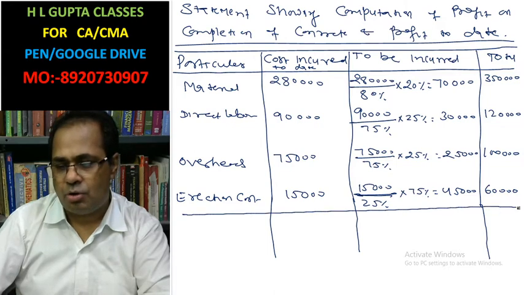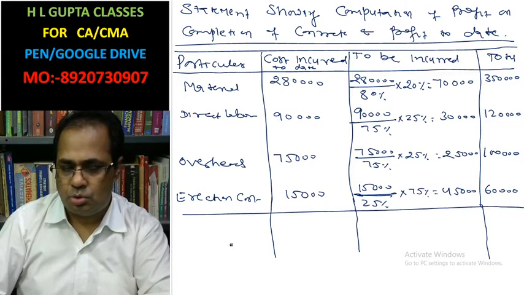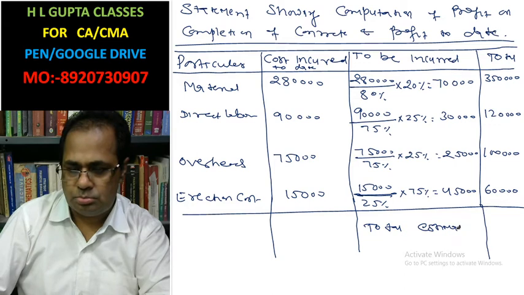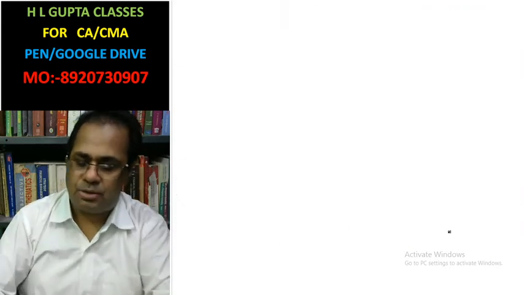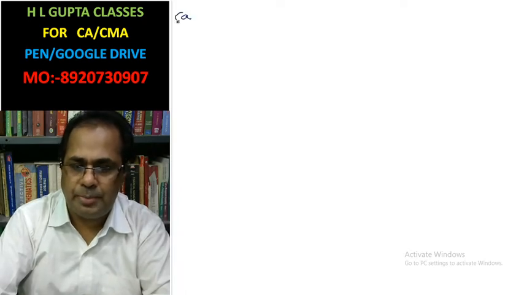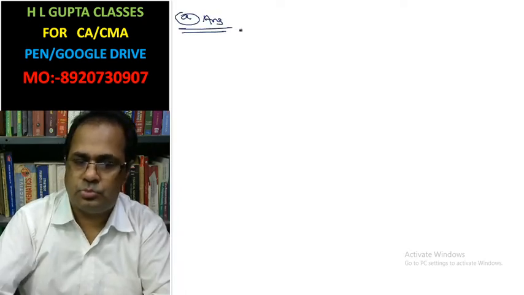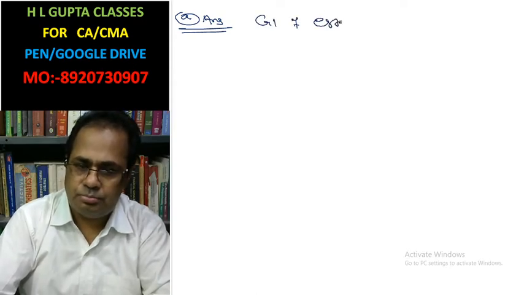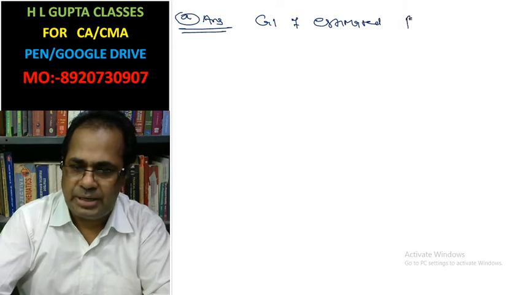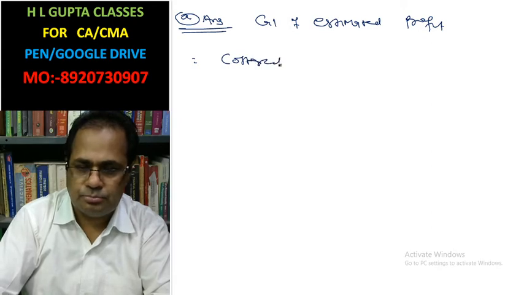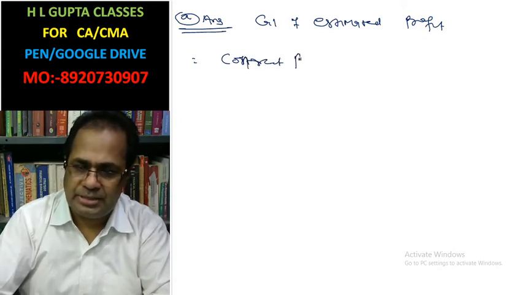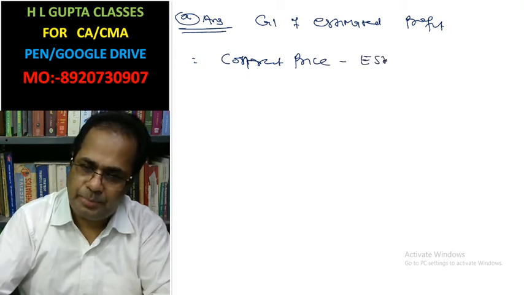Total estimated cost will be 6,30,000. Now the calculation of estimated profit, the answer to part A: contract price minus estimated cost.